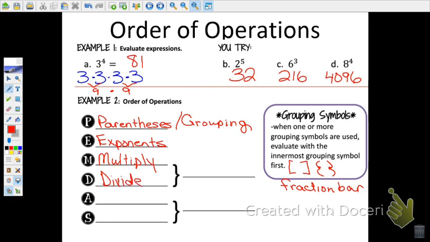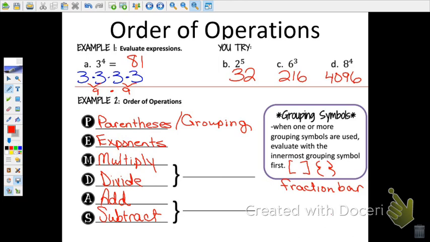A is for add. And then the last one, S, is for subtract. So this gives us the order starting with parentheses.